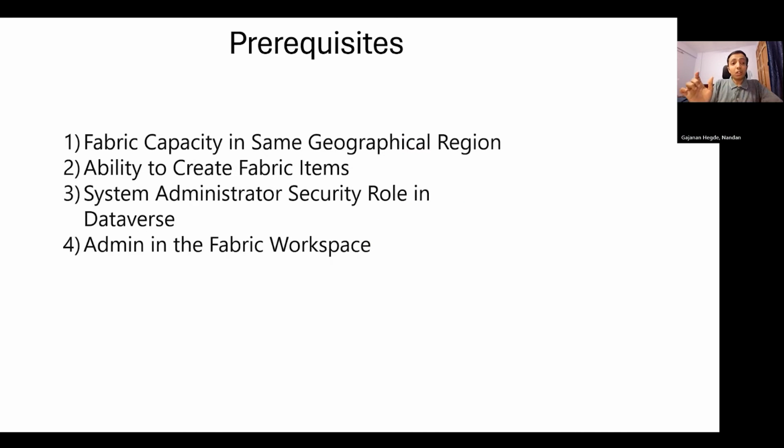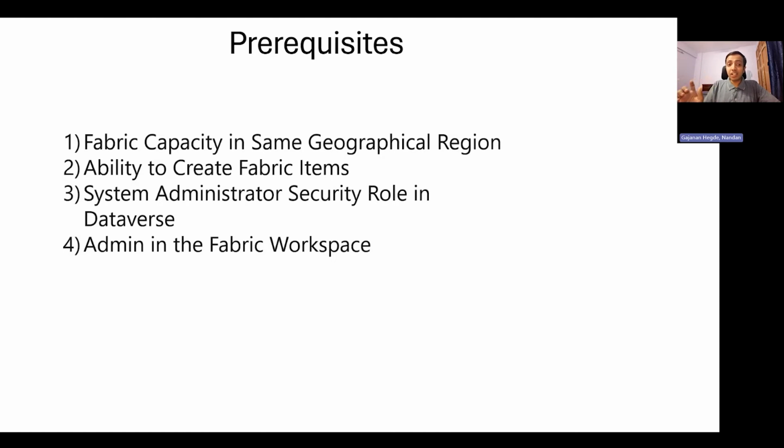So now let's deep dive into the first aspect, that is Microsoft Fabric link. To establish the Fabric link, there are a couple of prerequisites. First, the Fabric capacity associated with the workspace must be in the same geographical region.